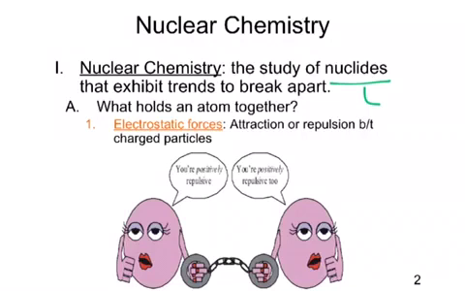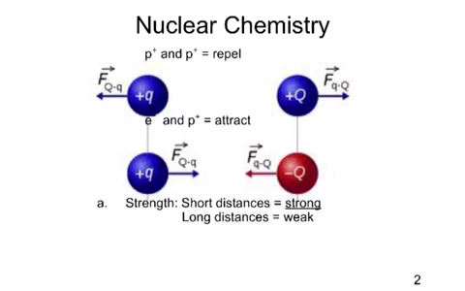The first one is the electrostatic force. This force is one of two things. It can be either an attraction force or a repelling force between the charged particles. An attraction force, as you see on your notes, and go ahead and write this in your notes over these pictures, if we have two protons, or what I would like you to add as well, is like charges.